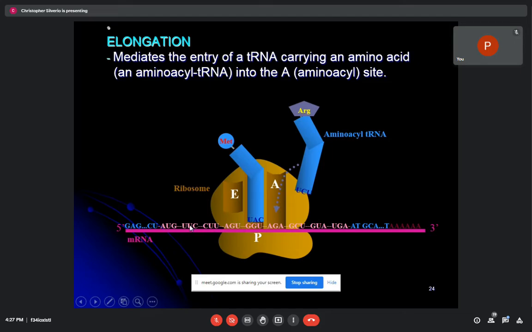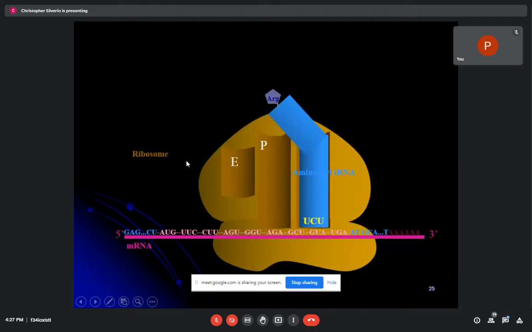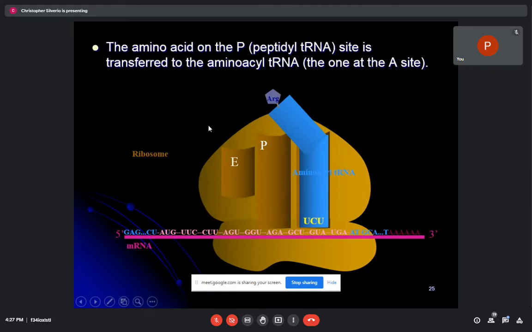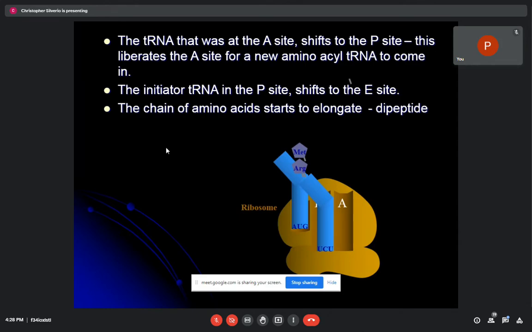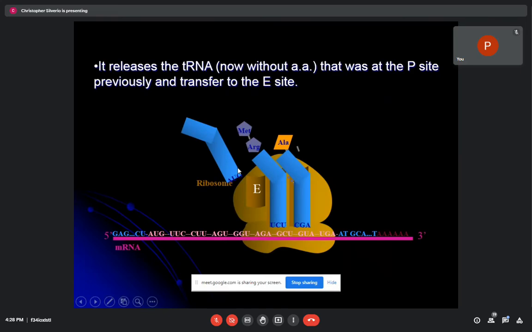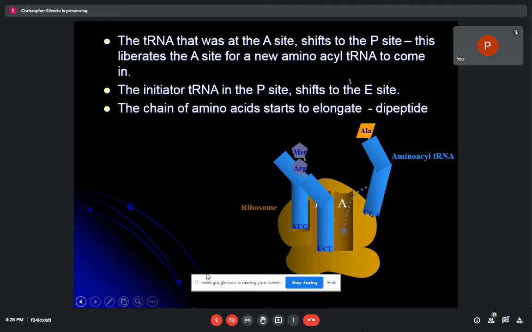All of these have already been translated into protein. Ang ibig sabihin lang nito, na-translate na into protein lahat yan.